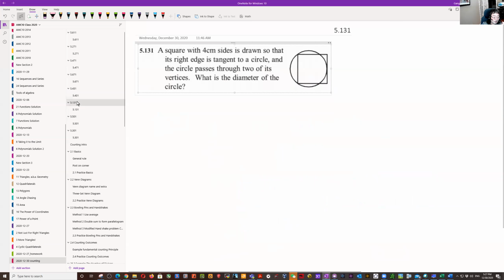It's the right answer. So this one is still the trick of trying to use right triangles, because the right triangle is the key to solving this type of problem.